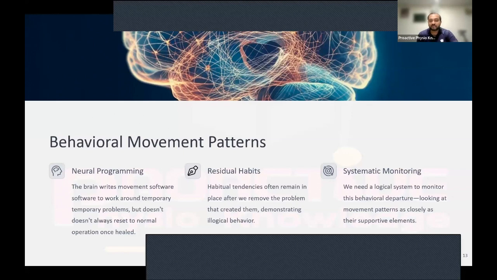However, even after the original problem is resolved, the new movement pattern can linger as a residual habit, leading to illogical behavior, like the same thing I have discussed. Like a person who has ankle pain. We set the stage for the gait cycle, but still he has some residual habits.